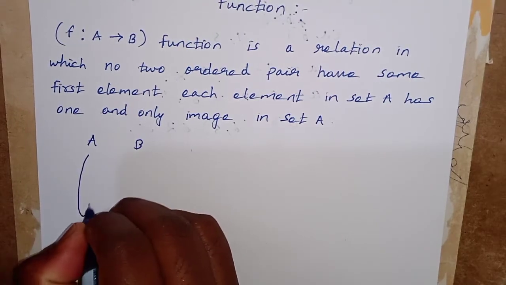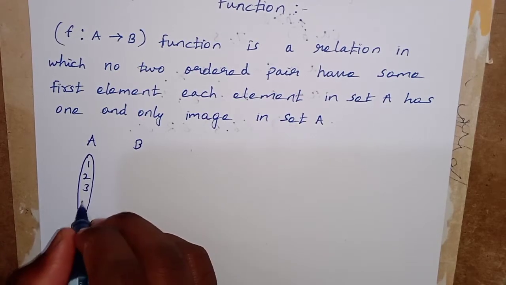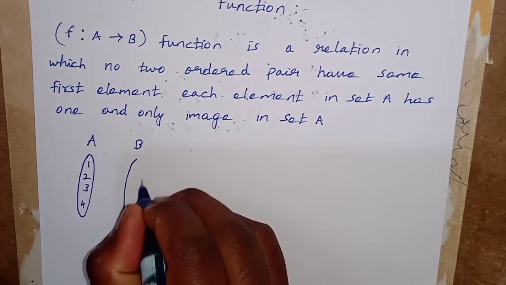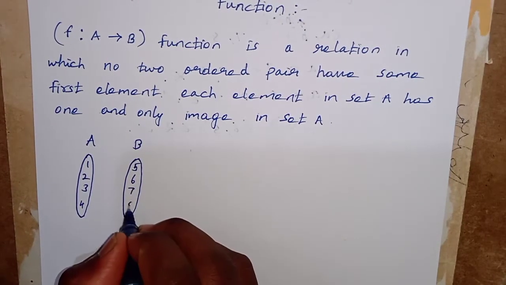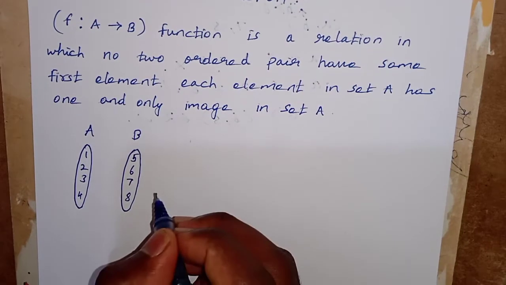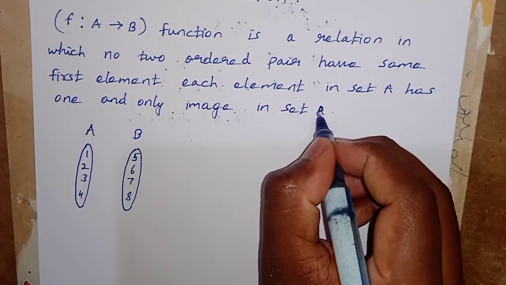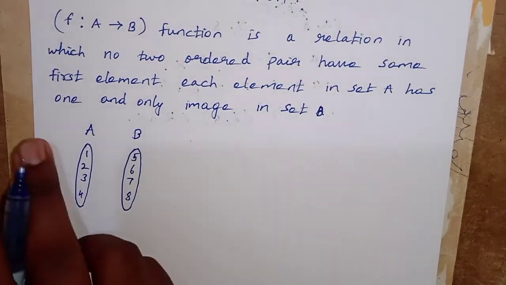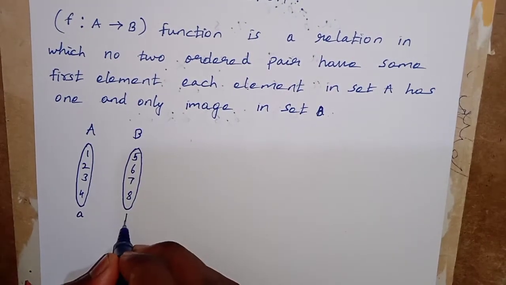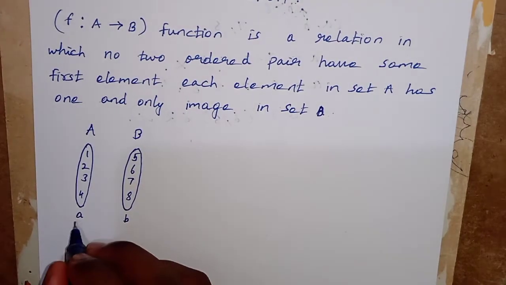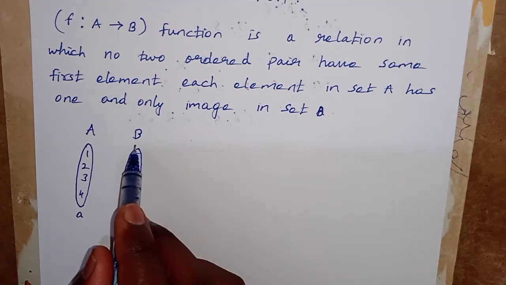For A here 1 2 3 4, for B here 5 6 7 8. Here it is set A, here set B, and small a, small b. For every a belongs to capital A, for every b belongs to capital B.